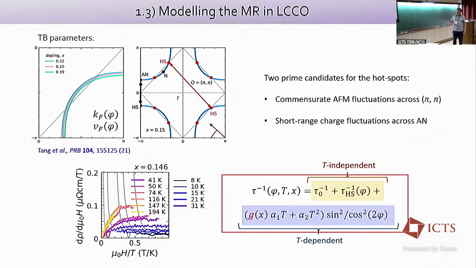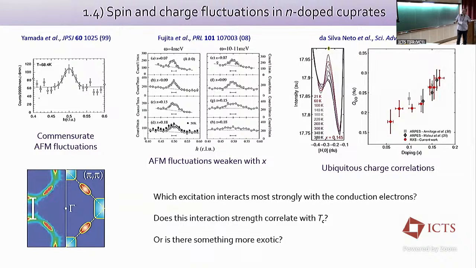And so the choice of hotspots that we have, because of the commensurate antiferromagnetic nature of these materials, we consider (π, π) scattering from spin fluctuations, and also charge fluctuations, which would be strongest at the antinodes here. All right, just a quick word about the evidence for these fluctuations.